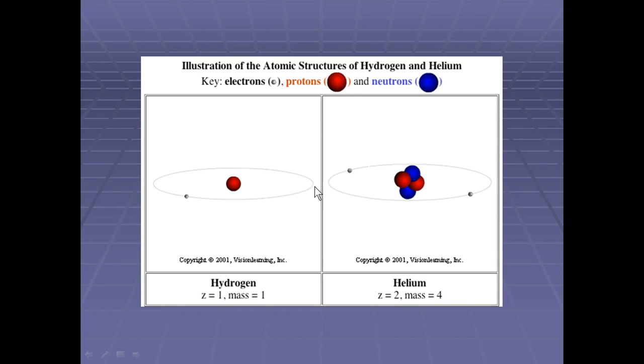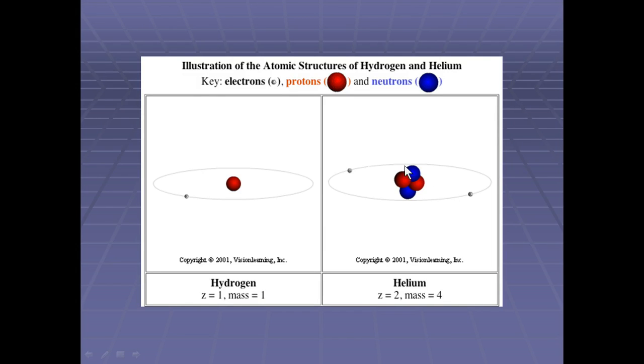So this is how protons and neutrons are established in an atom. If we talk about hydrogen, it has one proton and mass is 1. Again, here the protons and neutrons in helium, they are 2 plus 2 is 4. So this is how they are in an atom.